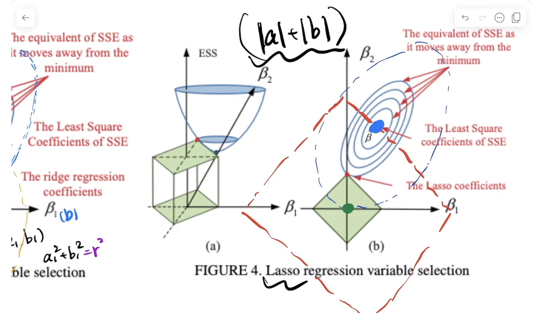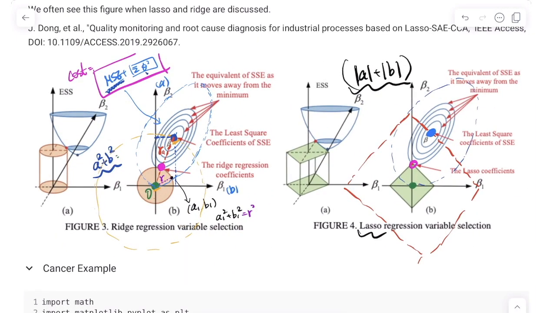But there should be some data point which has the smallest cost function. It's the same. Just because we use the square right here, we use a circle right here. Because we use the absolute value right here, we draw a square right here. That's how you read this figure.